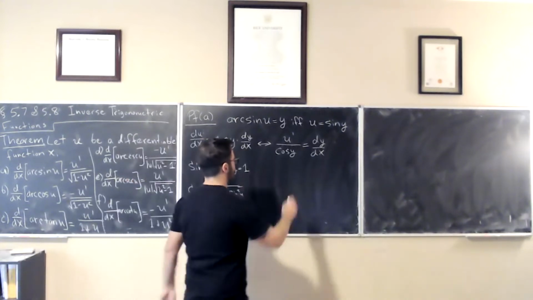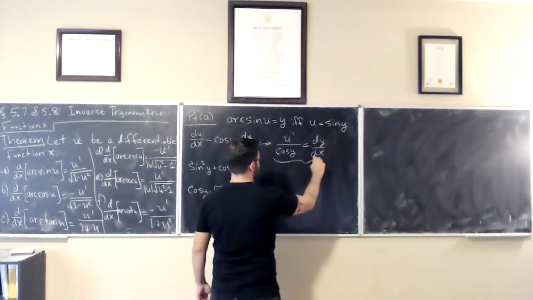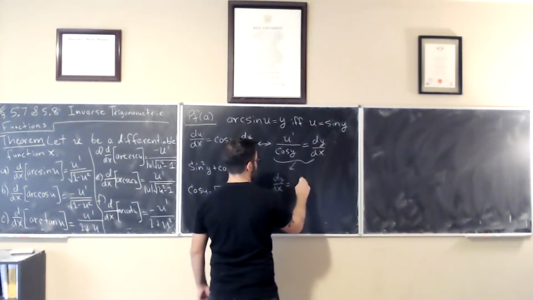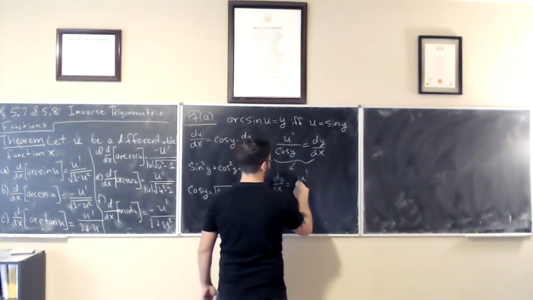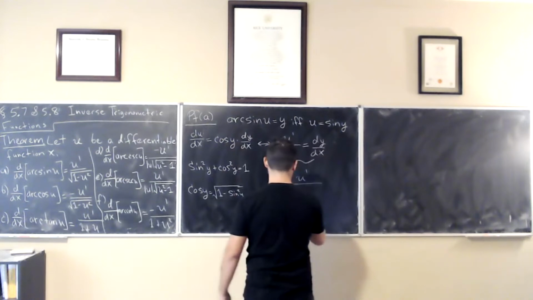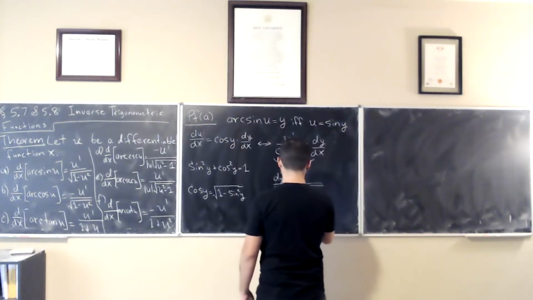So now if I rewrite this whole thing here, I get that dy/dx is equal to u prime over cosine y, which is really u prime over the square root of 1 minus sine squared y.